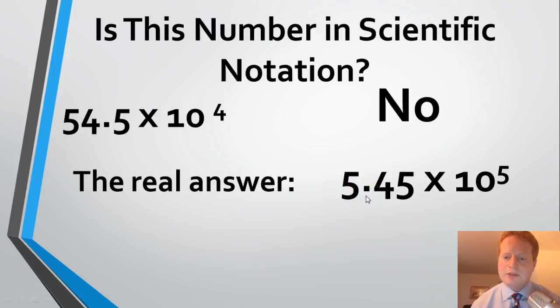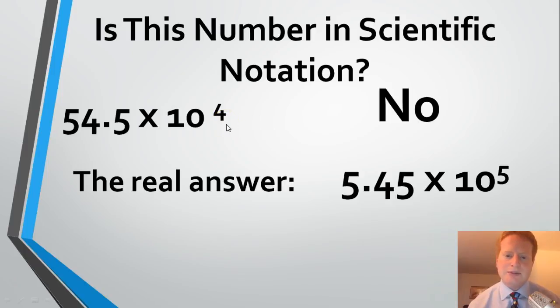Now the way that you do this actually is, if you need to make your number between 1 and 9, if you need to make this coefficient smaller to do it, then the exponent goes up, is the rule. So for example, we had to go from 54.5 to 5.45. Our number got smaller for our coefficient, and therefore our exponent got bigger.